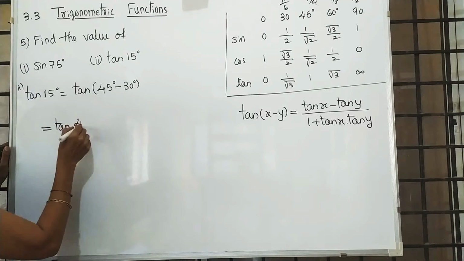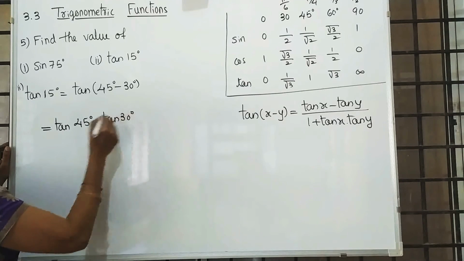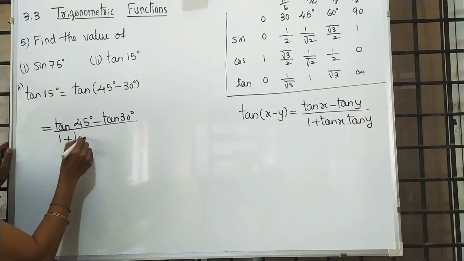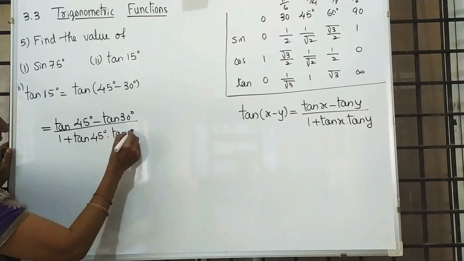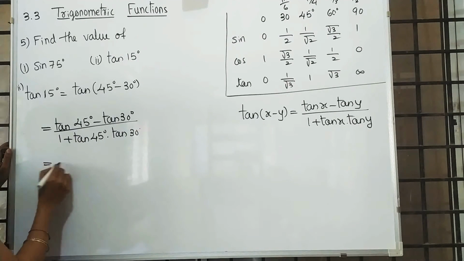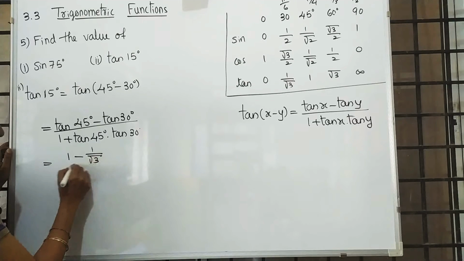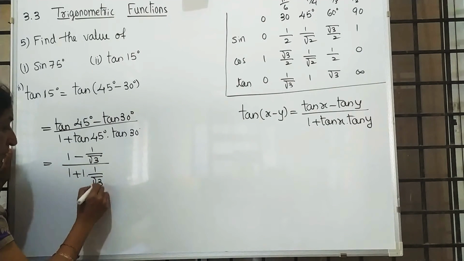Tan 45 minus tan 30 degree divided by 1 plus tan 45 into tan 30. Write down the tan 45. Tan 45 is 1, tan 30 degree is 1 by root 3, upon 1 plus 1 into 1 by root 3.